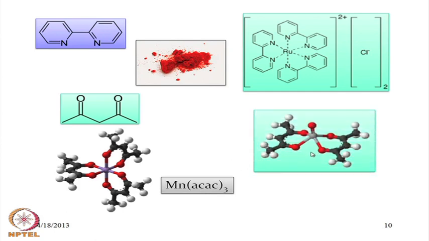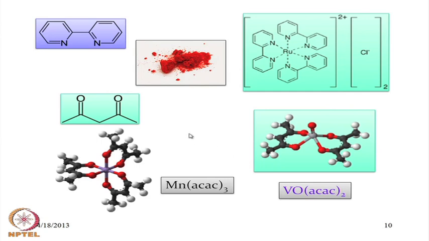Similarly, it can stabilize the vanadium oxo center, the vanadyl center, by binding in a different geometry, a square pyramidal geometry, which is VO(acac)2. So, acetylacetone is present with manganese as the tris compound in octahedral geometry, and in the vanadyl system as VO(acac)2 in square pyramidal geometry.